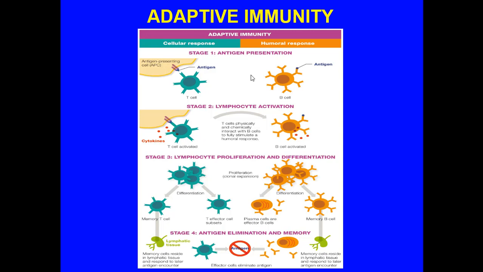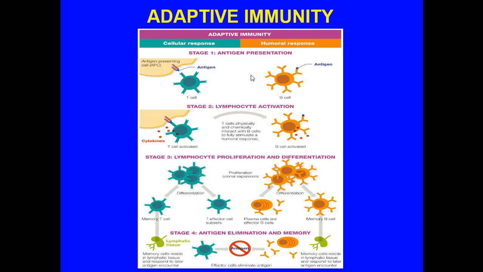The problem is antibodies can't get inside to bind to the pathogen once it's inside that cell. So what we have is the T cells. They're specialized. They're going to find ways to knock out those cells that are infected. So we'll continue with that.